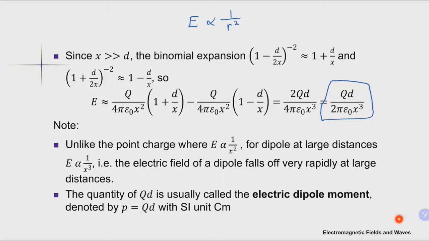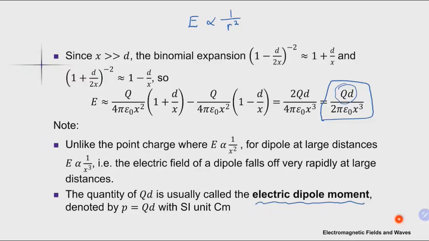And then the q times d, the charge times the separation between them, we call that the electric dipole moment. Okay, so that's the thing that I'd like you to grasp from this electric dipole.